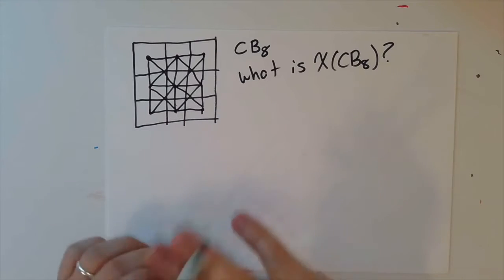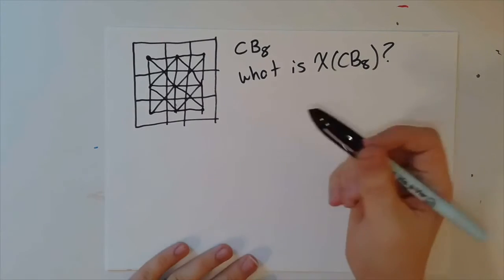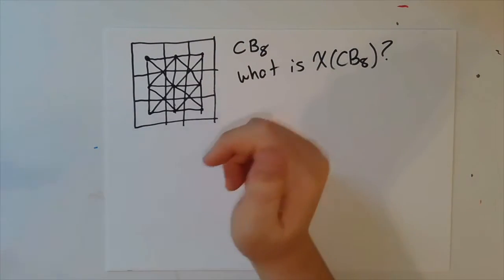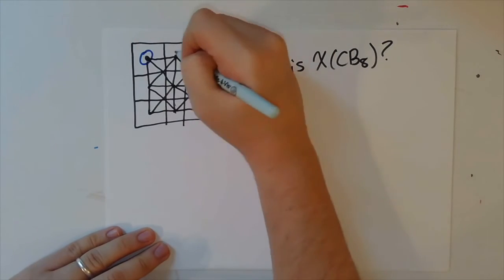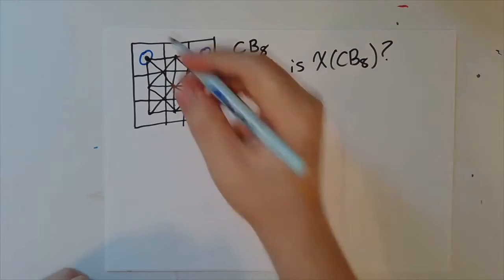Okay, so I need again to figure out what's the fewest colors that I can use. And so I look at this, and maybe my first inclination is to start with the regular checkerboard coloring. And so I'll go across here, and I'll go, okay, so this will be blue, and then that'll be red, and this will be blue, that'll be red.